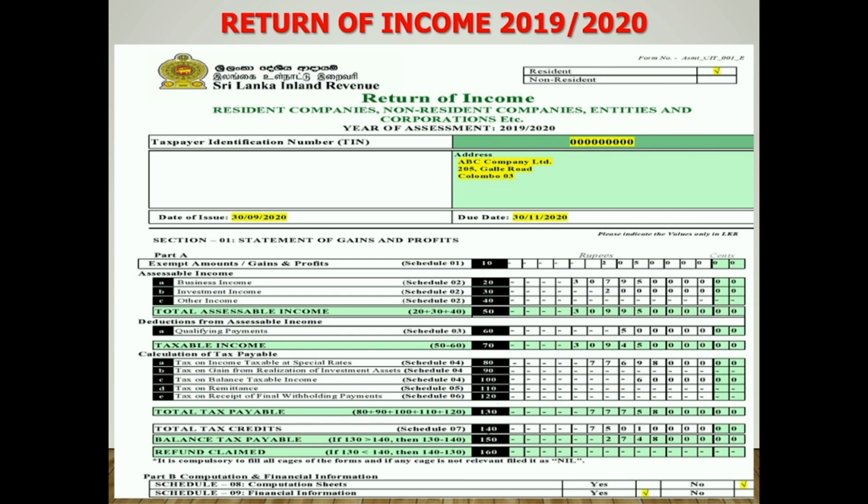But if you are not filling schedule 8, then you have to attach your tax computation with the return of income. Anyway, schedule 9 should be filled and submitted to the department together with your return of income.